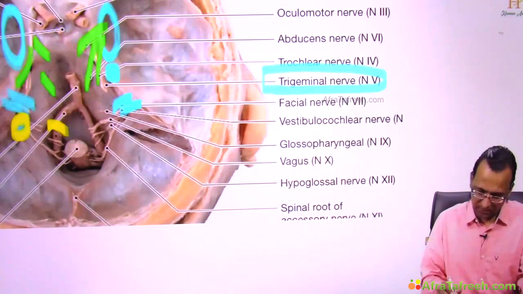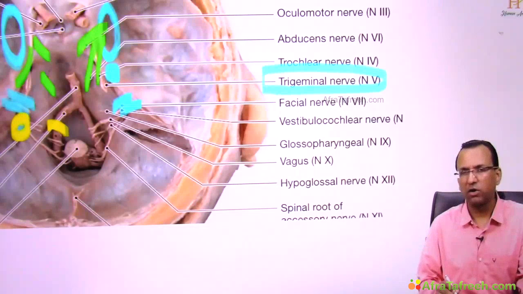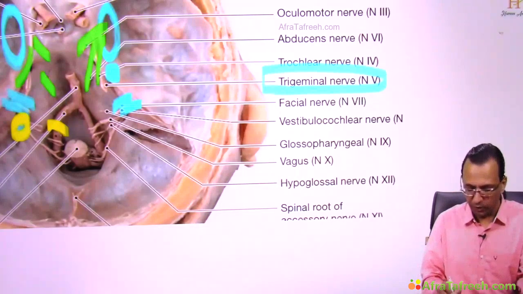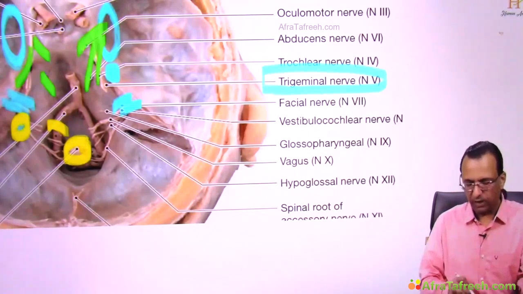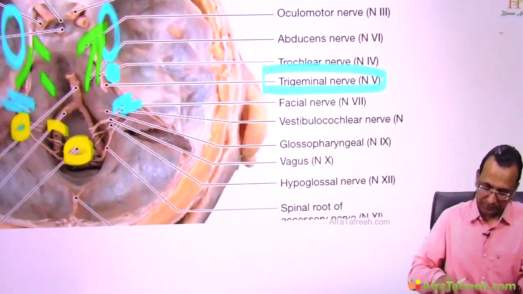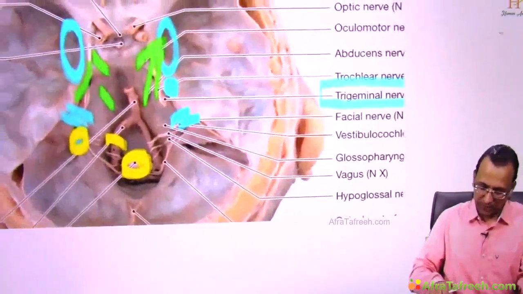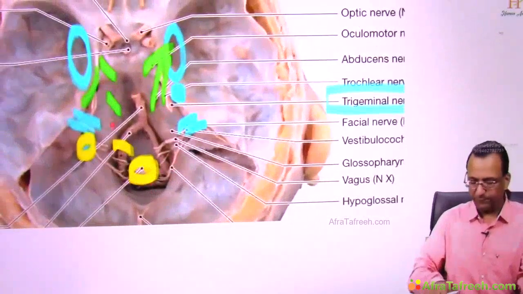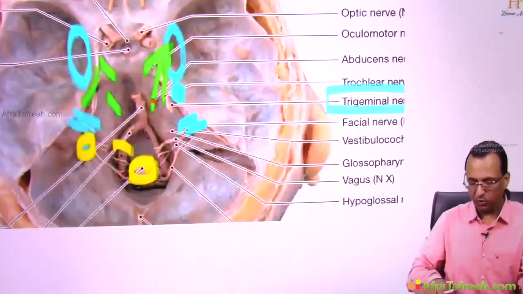The spinal cord is below the foramen magnum; in the foramen magnum you have the lower part of the medulla oblongata.